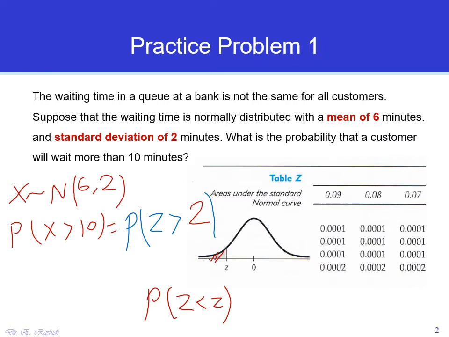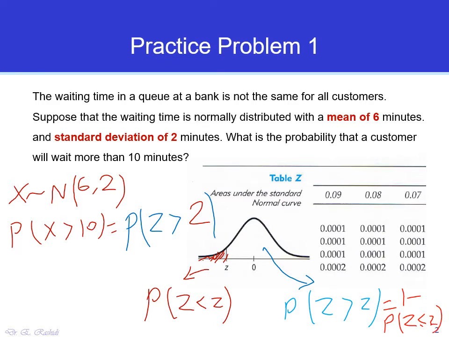So this means that the unshaded area, which is in white here, is actually equal to the probability that z is greater than a small z. So we can say this is equal to 1 minus the probability that z is less than or equal to the small z.